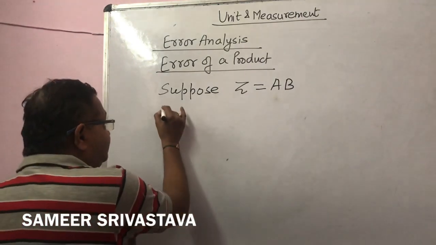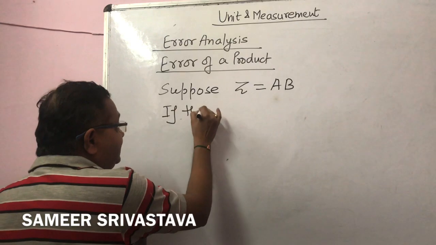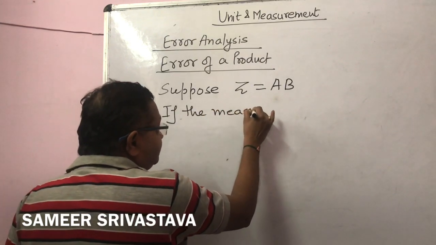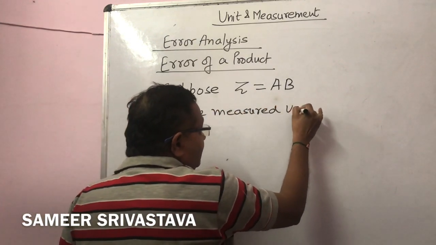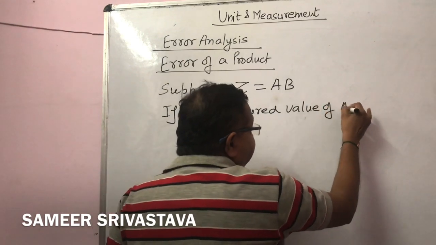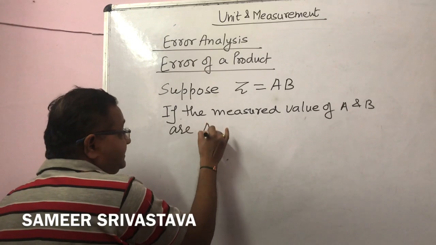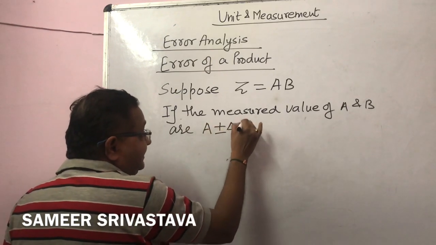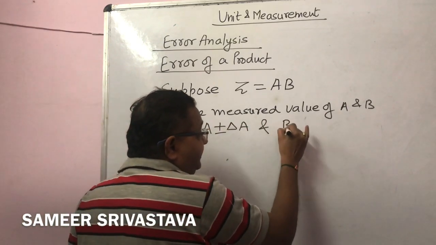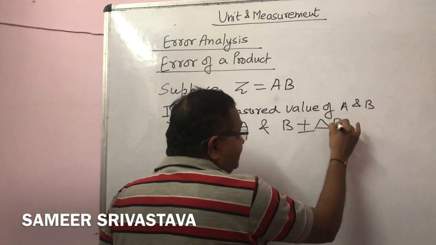Now the measured values of A and B are considered as A plus minus delta A and B plus minus delta B.